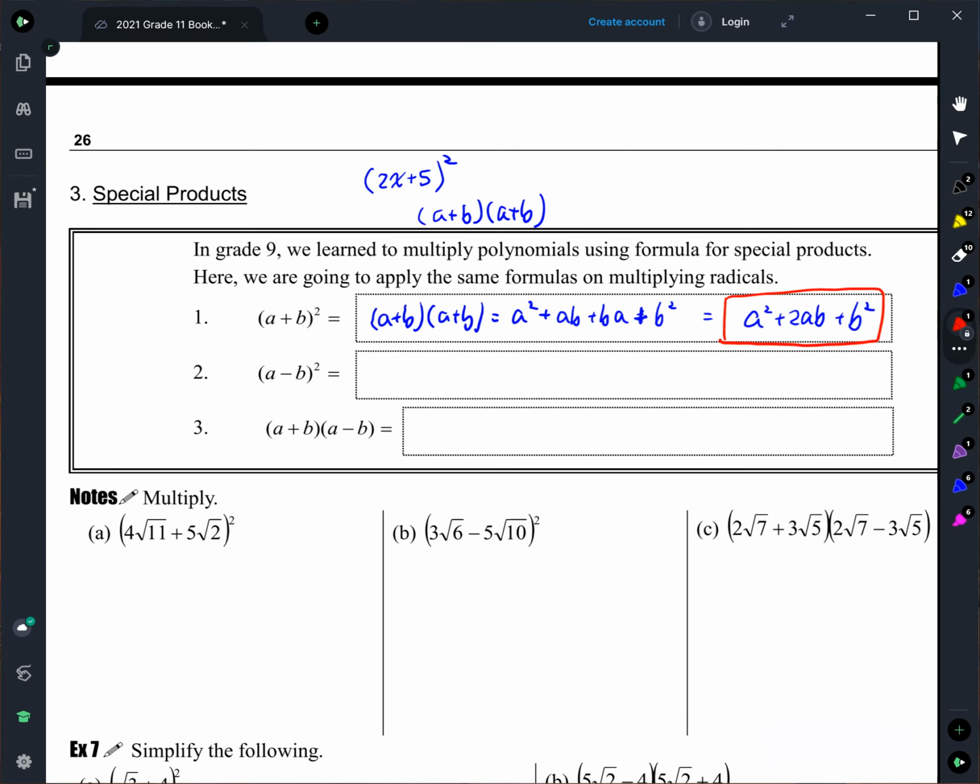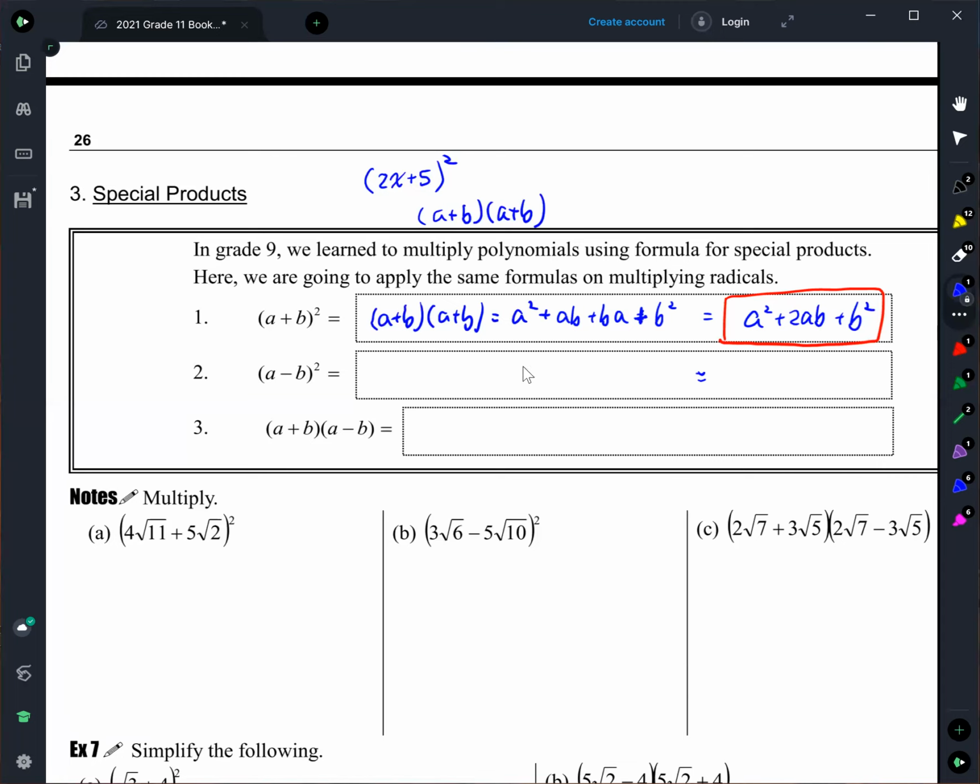So in a similar way, we can expand (a minus b) squared. Geoffrey, can you help us find the formula for the second one? Geoffrey?